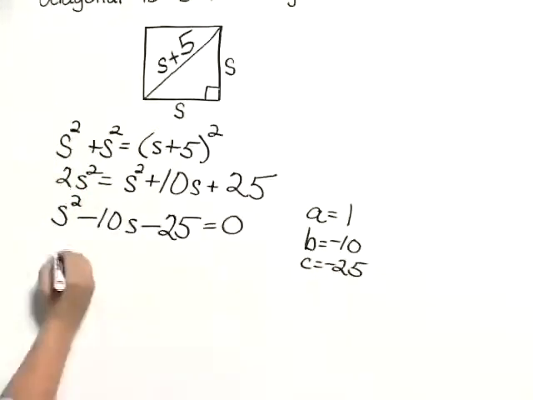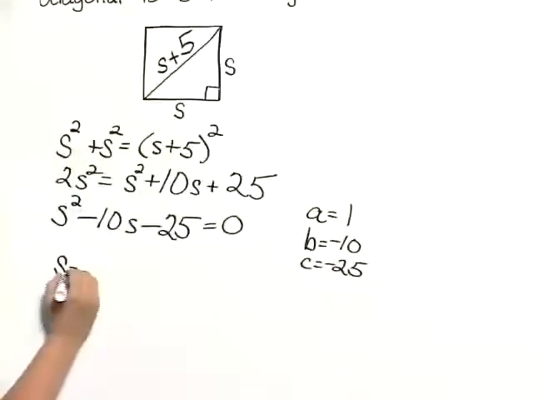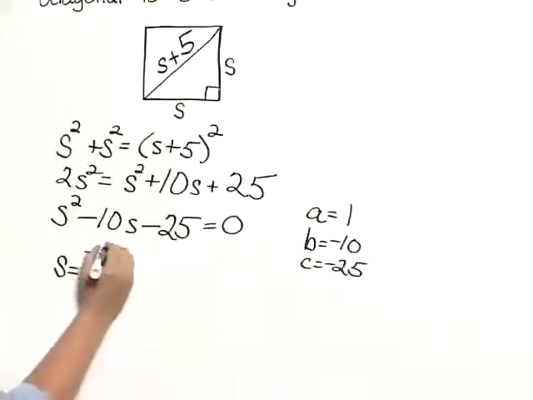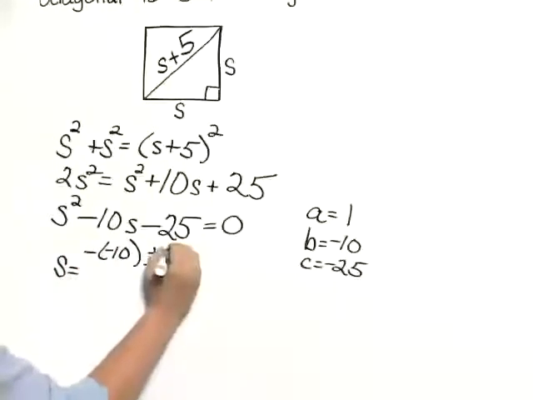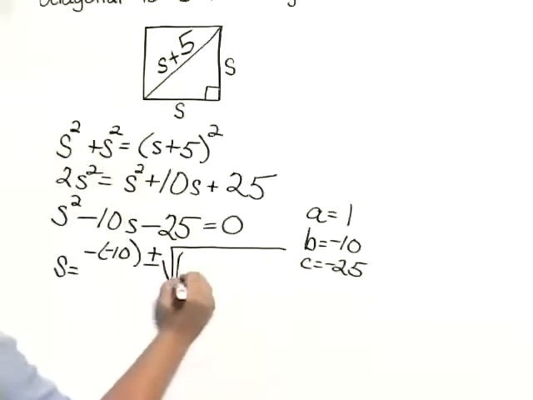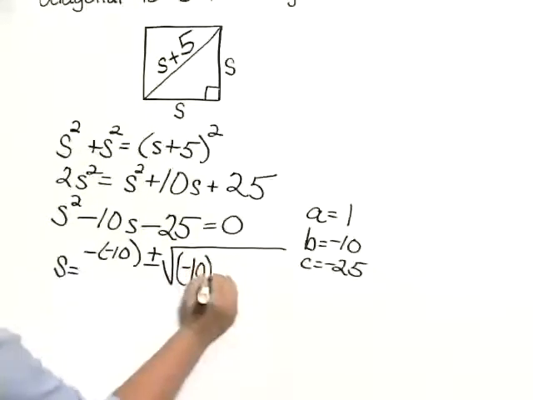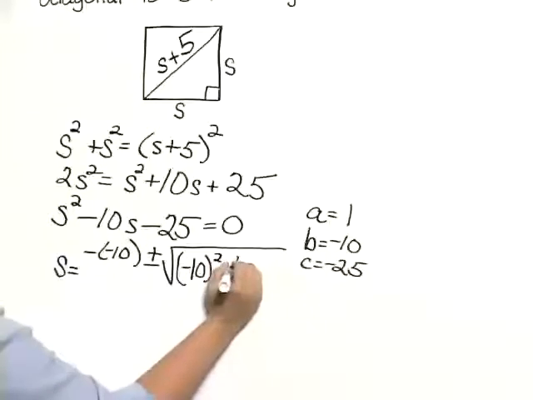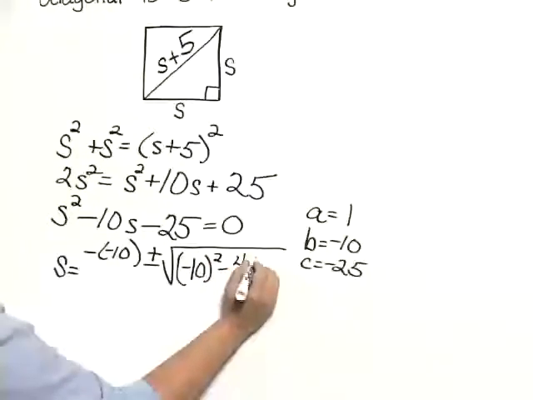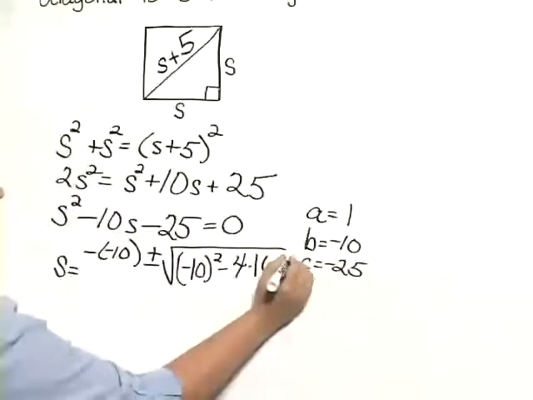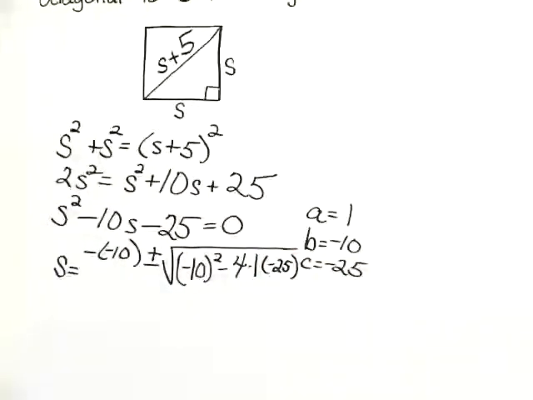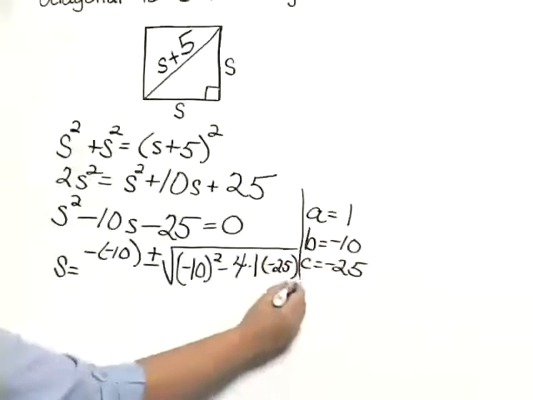Using the quadratic formula, we have S equals the opposite of B, plus or minus the square root of B squared minus 4 times A times C. Draw a line there.